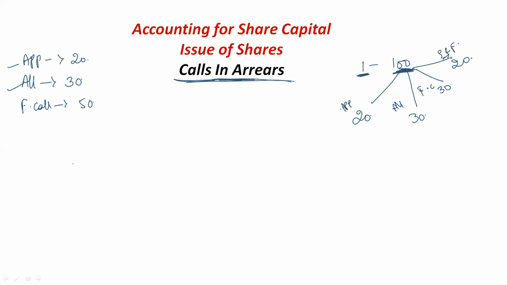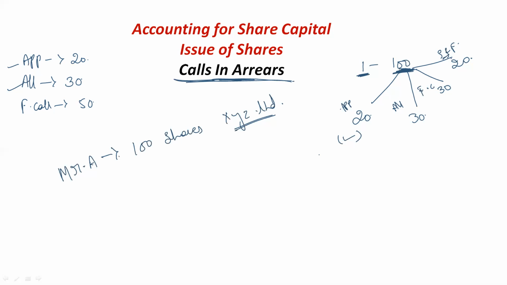Let's take an example of a person, Mr. A, who has applied for 100 shares and has been allotted 100 shares of XYZ Limited. XYZ Limited asked for rupees 20 to be paid during application, and Mr. A paid the amount during application.